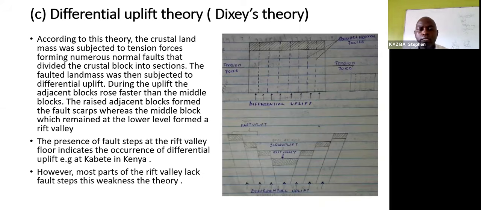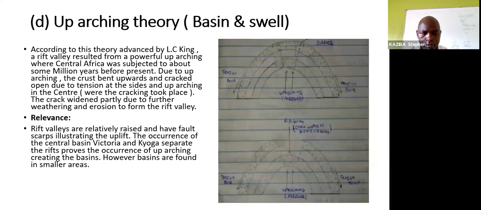It is supported by saying that the presence of fault steps at the Rift Valley floor indicates the occurrence of differential uplift. If you look at the Rift Valley floor, there are those fault steps, indicating that land was uplifted, where the middle block was uplifted at a slower rate as compared to the 2 outer blocks.